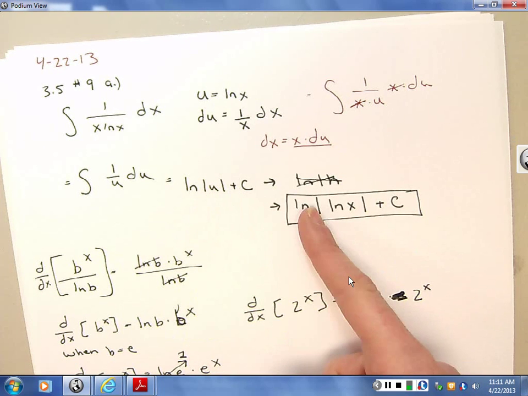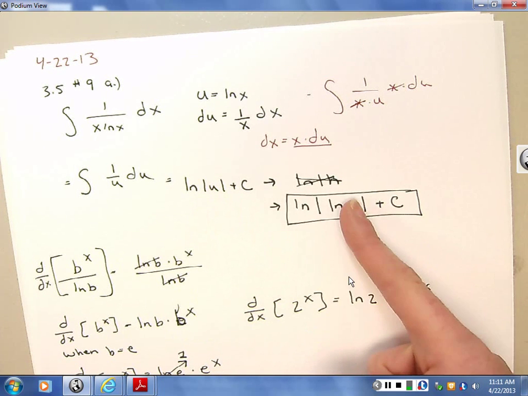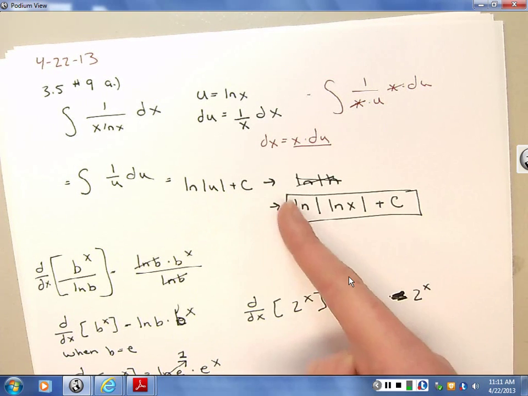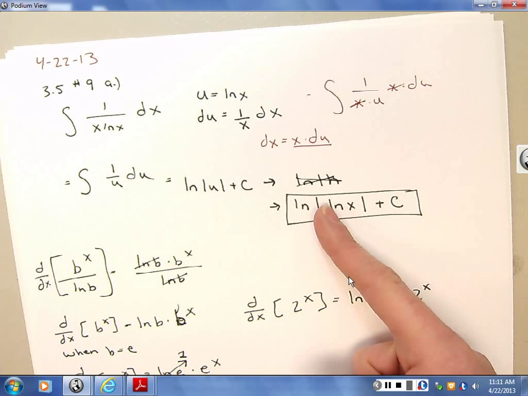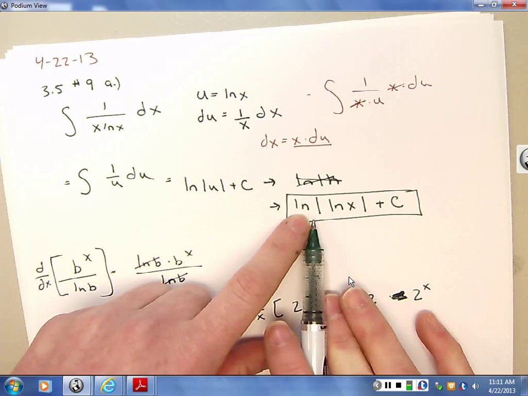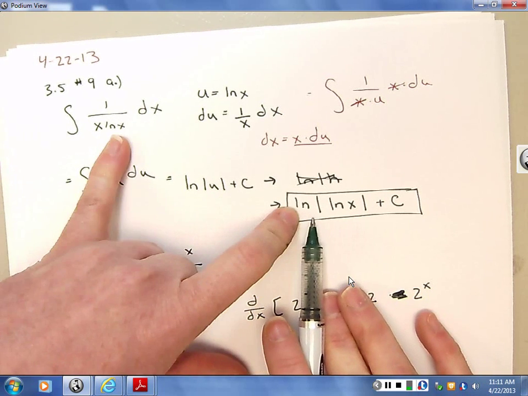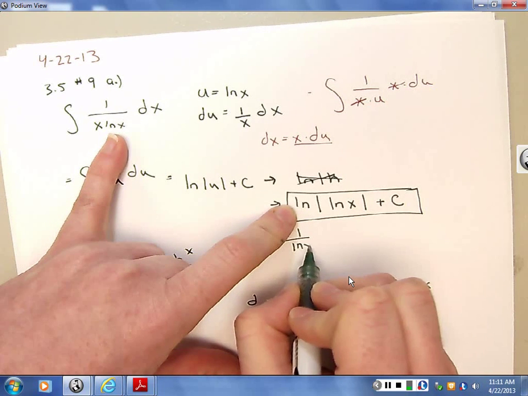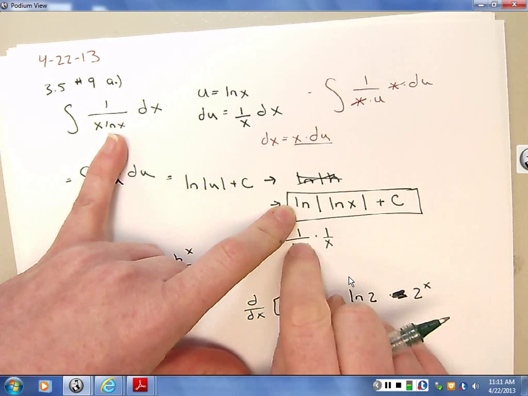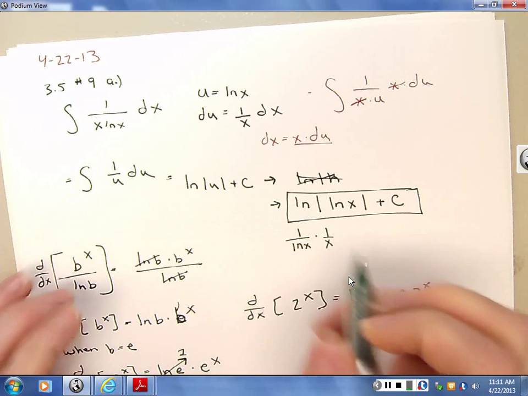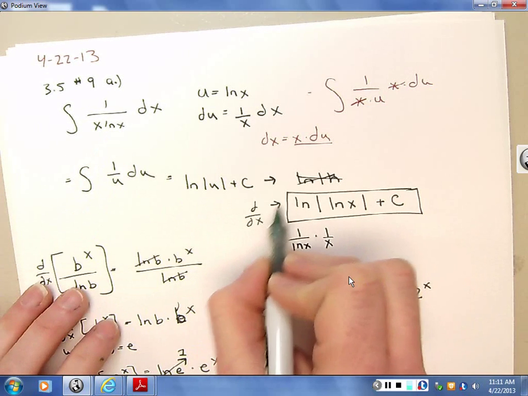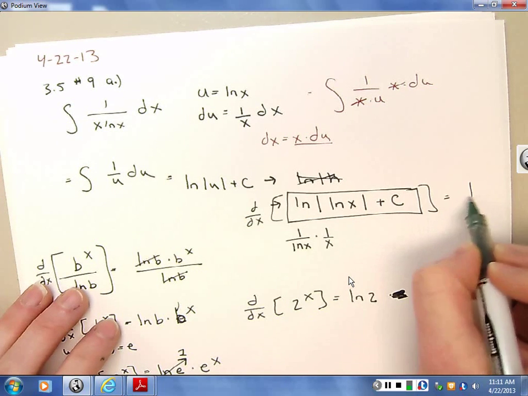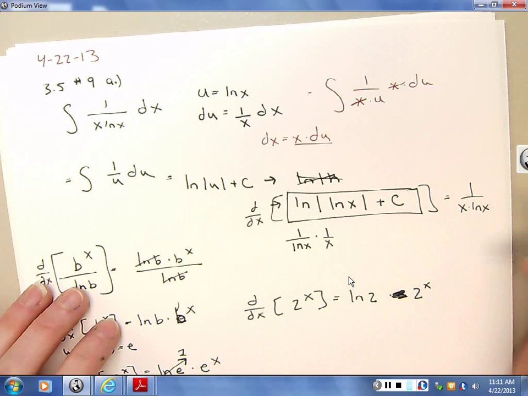So you have ln of u, and u is ln of x. If I differentiate this with respect to x, I get 1 over ln of x times 1 over x, which is exactly what I started with.